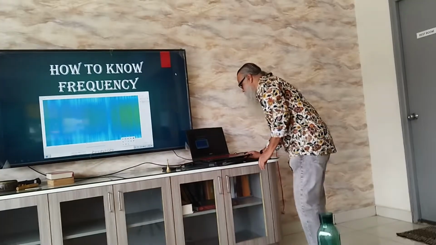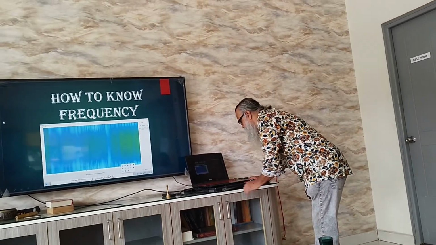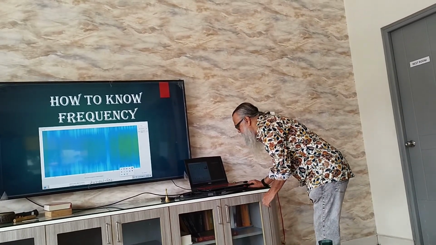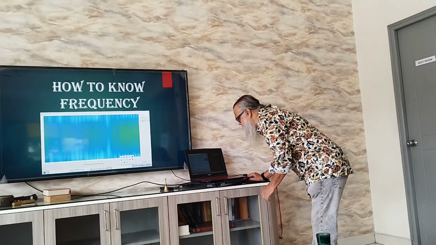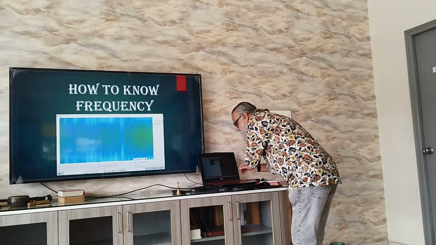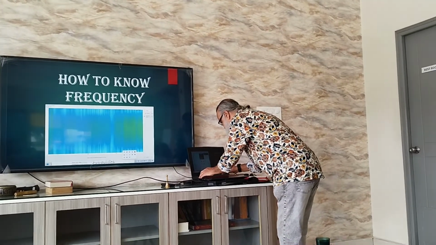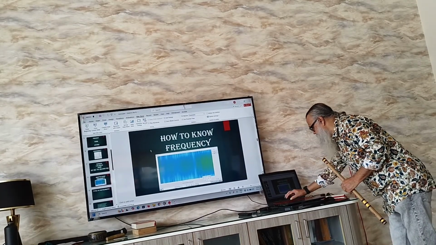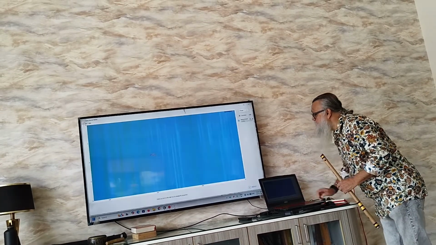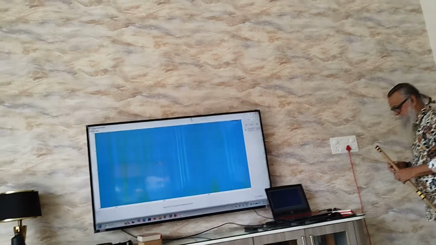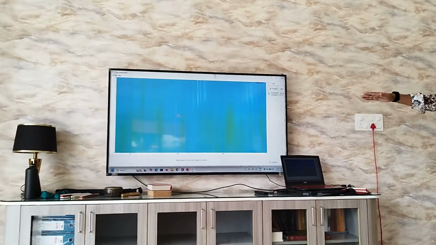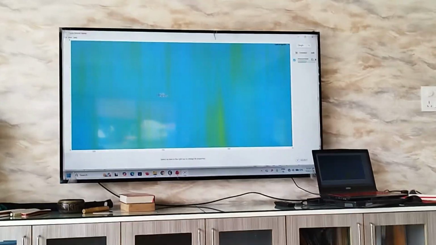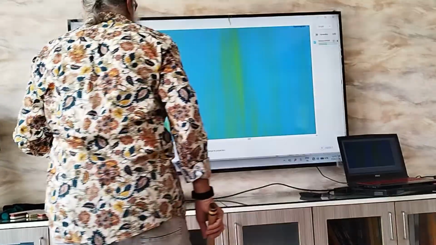Now I'm showing you an app here itself, and with that I will also explain what is musical sound. Okay, now we can stop. So this is continuously showing whatever sound is coming from outside.